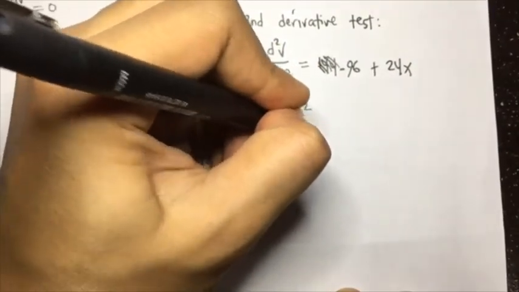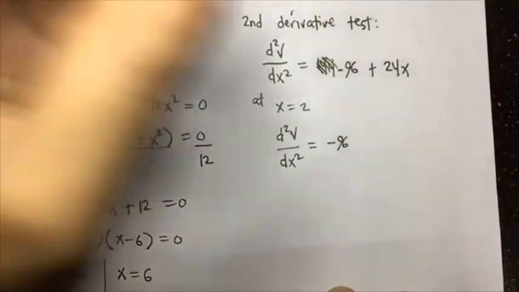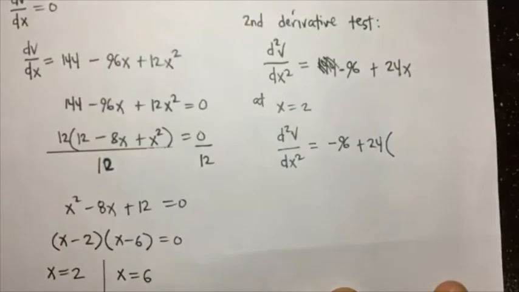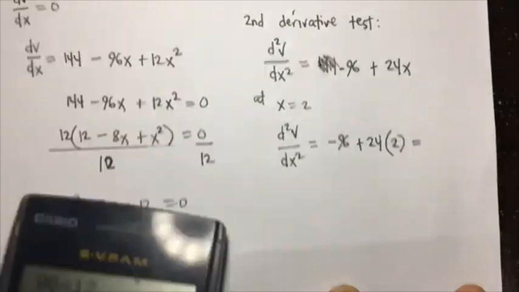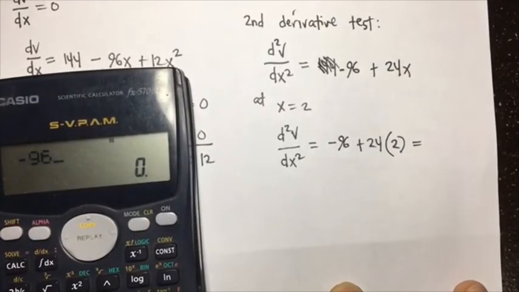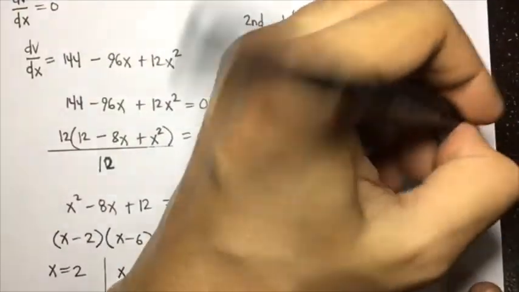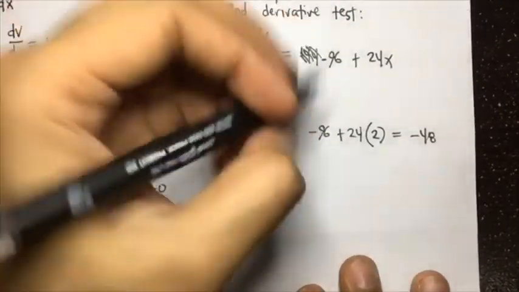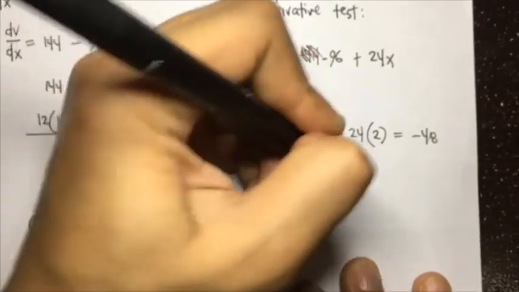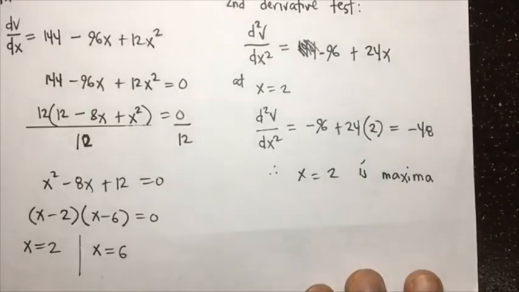At x equal to 2, d squared V over dx squared is equal to negative 96 plus 24 times 2, so negative 48. It's negative, therefore x equal to 2 is a maxima.